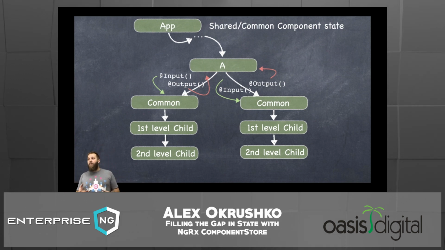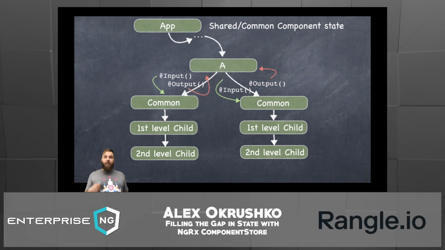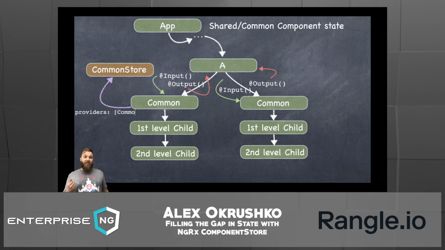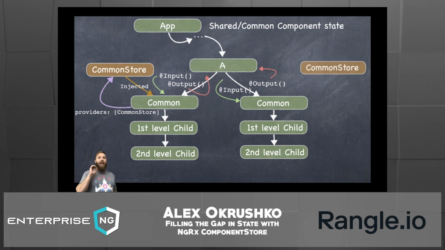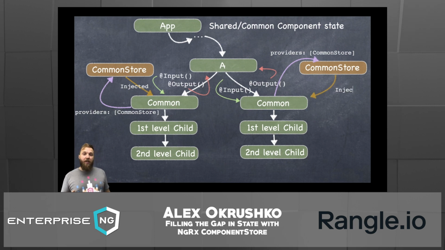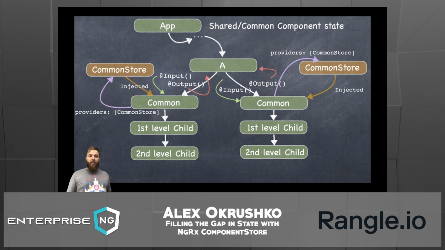When we had a global NgRx store, for example, we were trying to push it way upstream and maybe index it by something, and then you can use the queries to get each component independently. However, right now with the component store, each common component can just provide the common store, and because they are component scoped providers like ComponentStore, it would be unique for each common component.